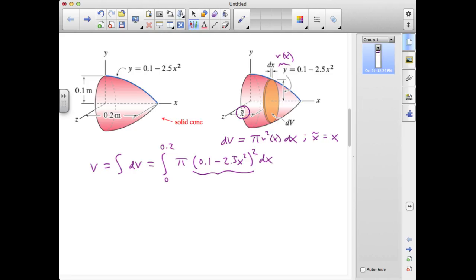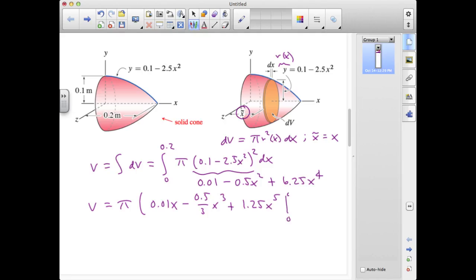It will be useful for us to expand this out, and this becomes 0.01 minus 0.5 x squared plus 6.25 x to the fourth. As we're just integrating polynomials, I could write this as pi times 0.01x minus 0.5 over 3 x cubed plus 6.25 over 5, which is 1.25 x to the fifth, evaluated between 0 and 0.2.